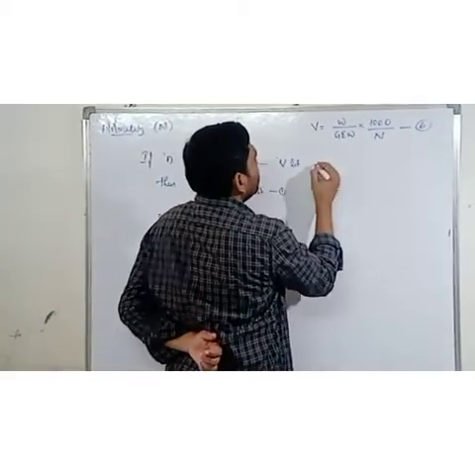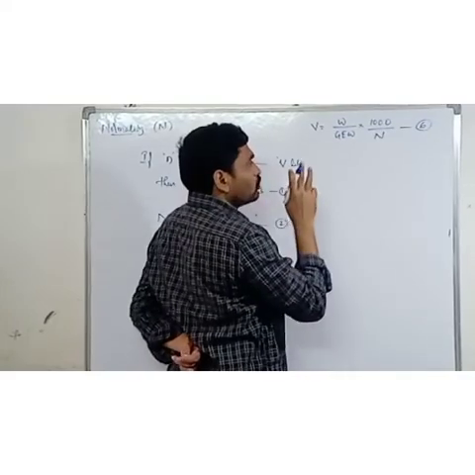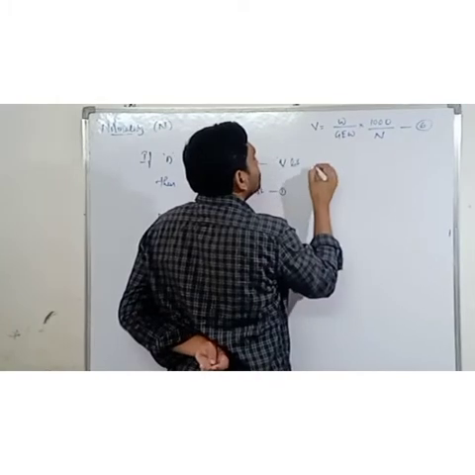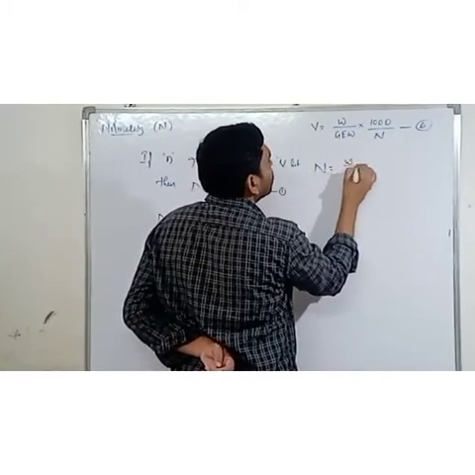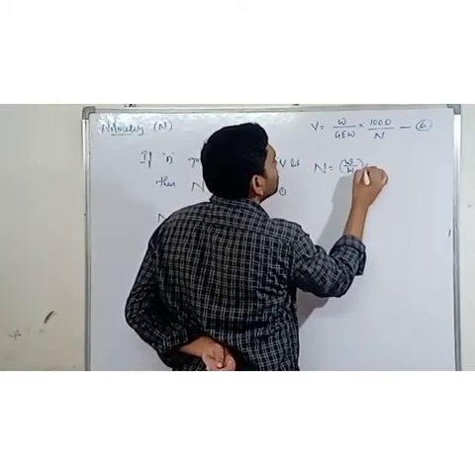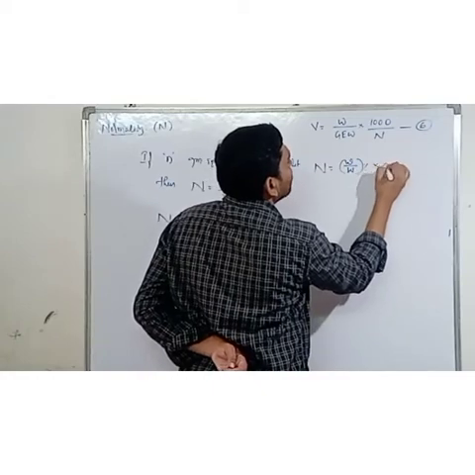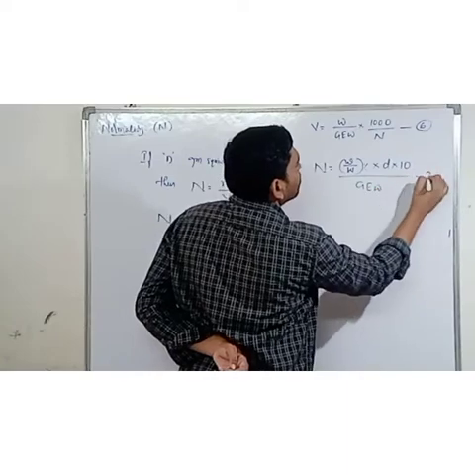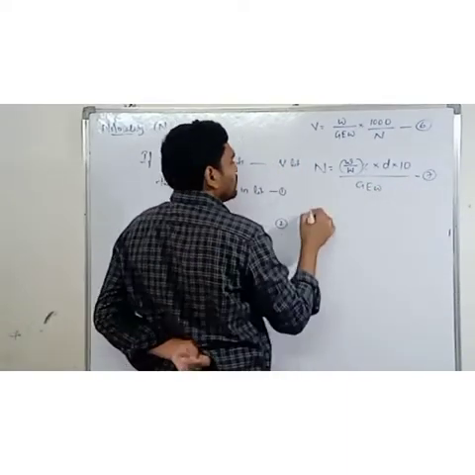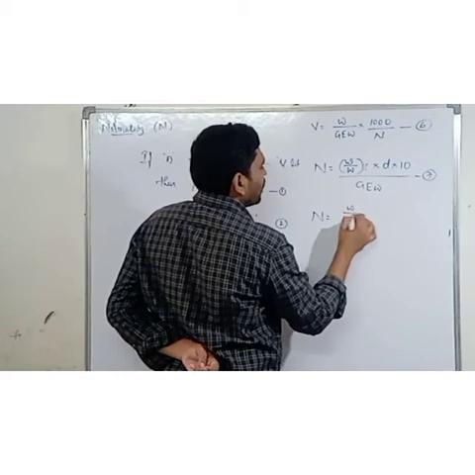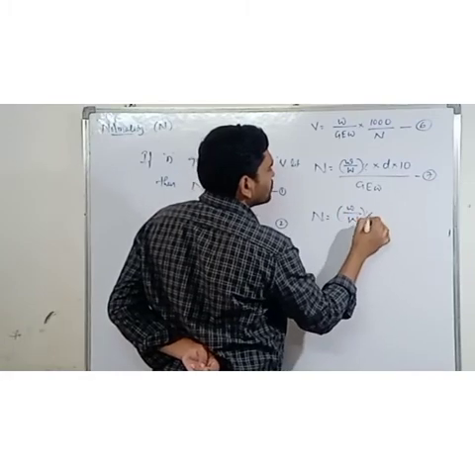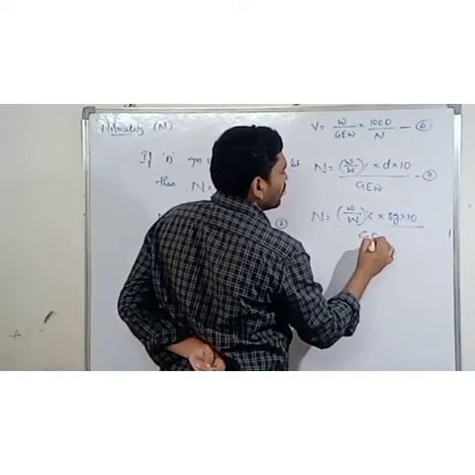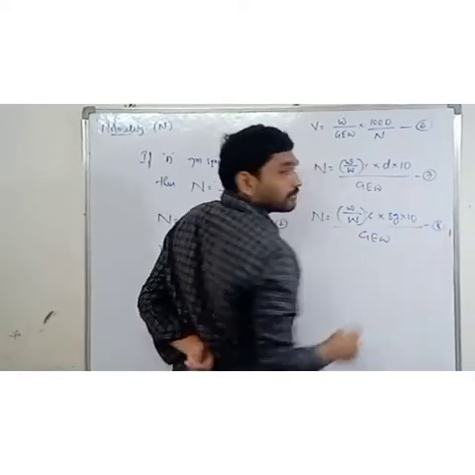Based on that, when a percentage is given, for example weight percentage, normality equal to weight by weight percentage into density into 10 by gram equivalent weight. It is the 7th relation. Next, N equal to weight by weight percentage into specific gravity into 10 by gram equivalent weight. 8th one.